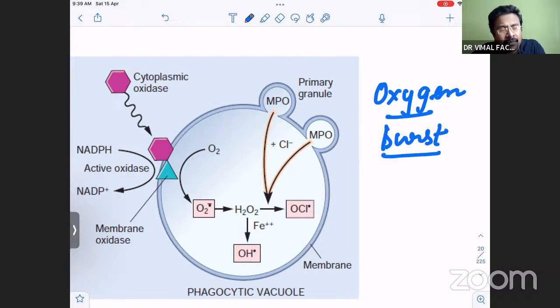What happens in the oxygen burst? Inside the macrophage, in the phagocytic vacuole, the macrophage has now engulfed the bacteria, and the bacteria is inside the phagocytic vacuole. The macrophage is taking in a lot of oxygen.